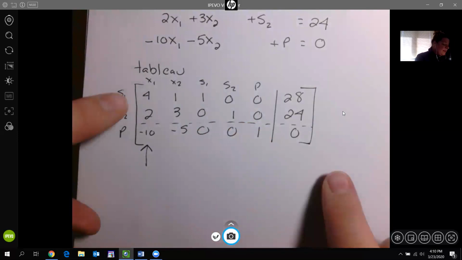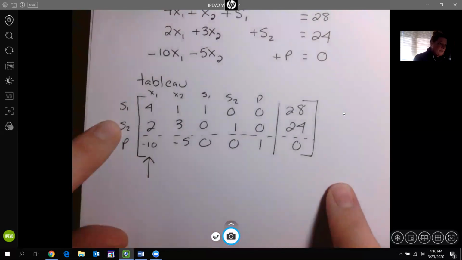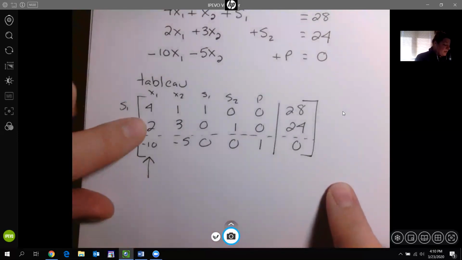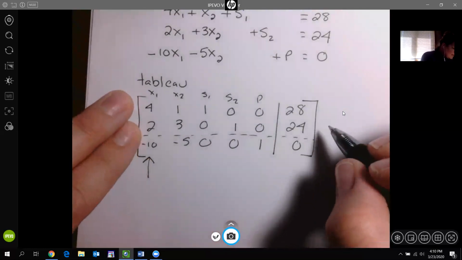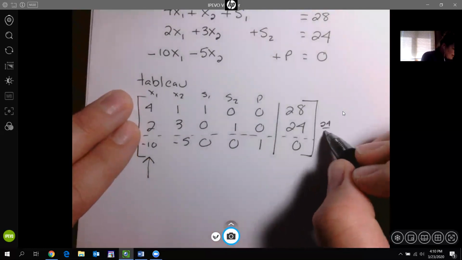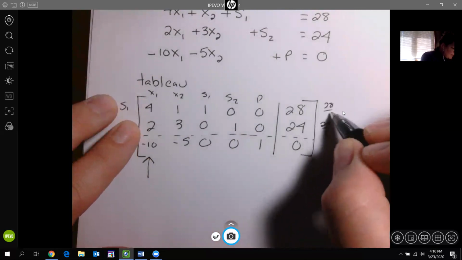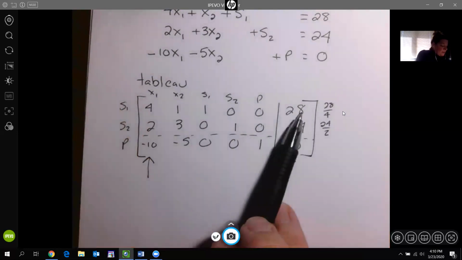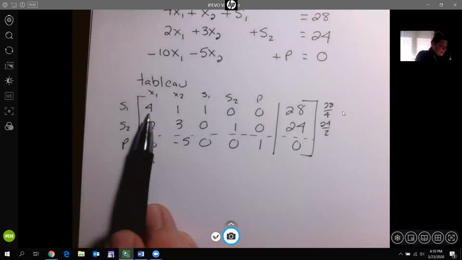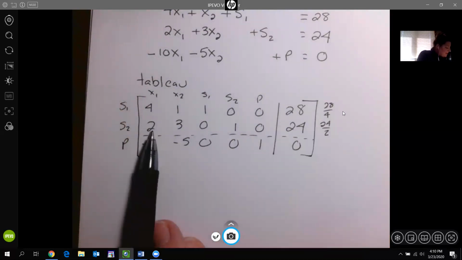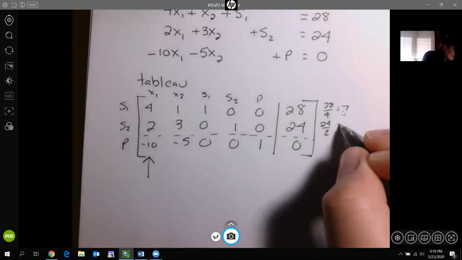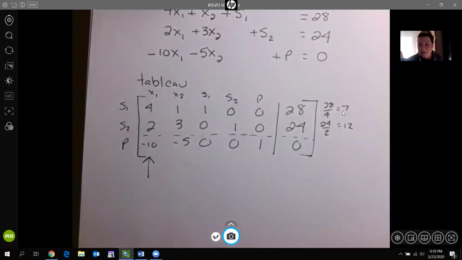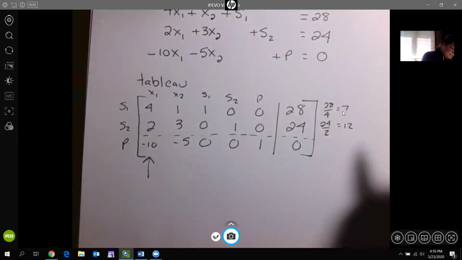And then the smallest ratio above your dotted line: this one is going to be 24 divided by 2 and 28 divided by 4. So this number divided by this number, and this number divided by this number, and let's see what they are. That's going to give us 7 and 12. Which one's smallest?